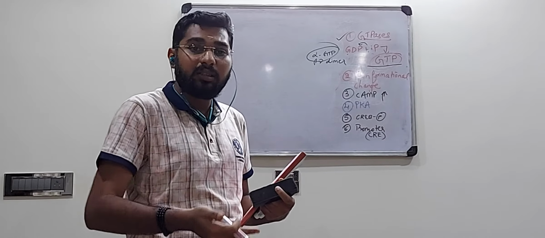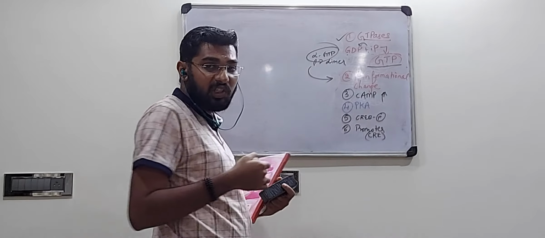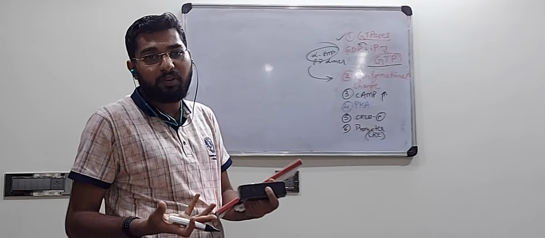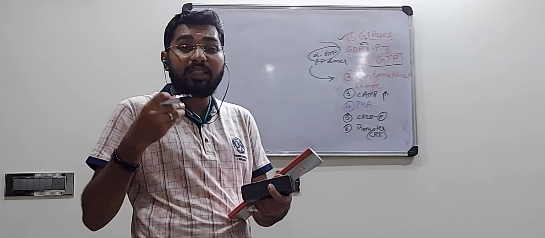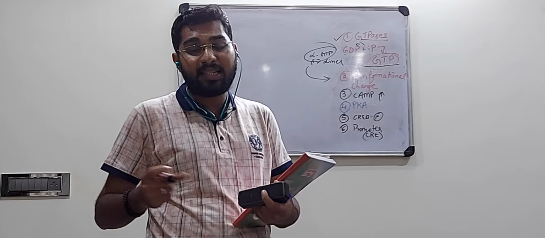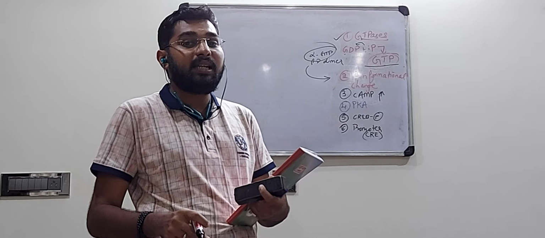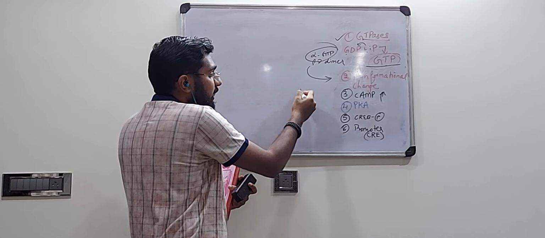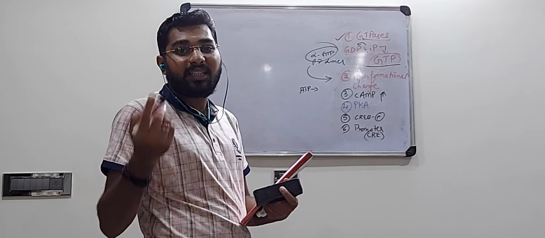It goes on continuing the process. It induces conformational changes, and then it goes and activates the effector molecule called adenylyl cyclase. That adenylyl cyclase converts the ATP molecule into cAMP. That is the next step.